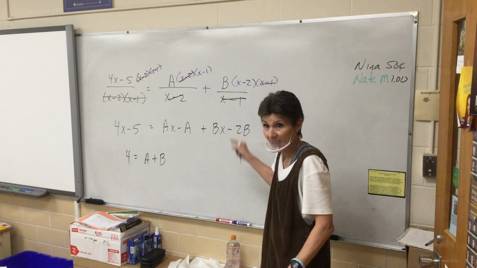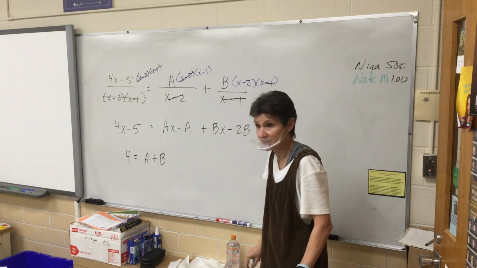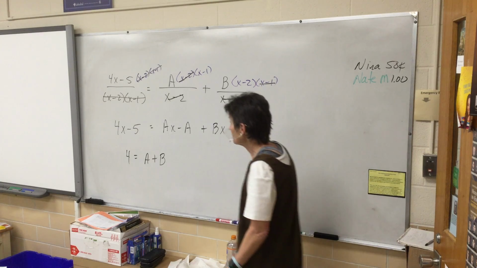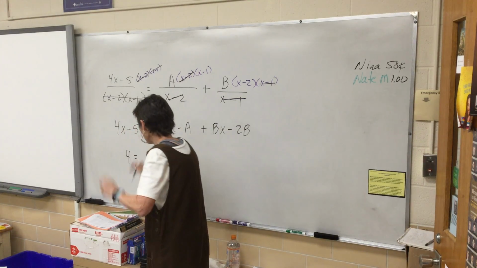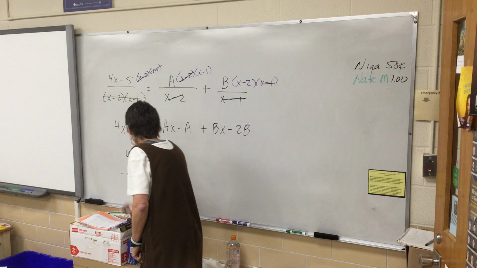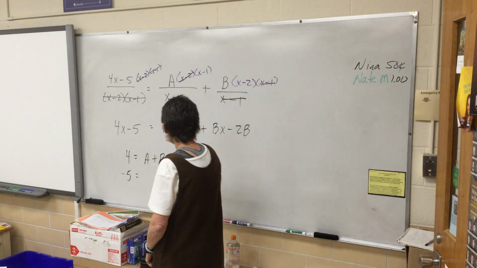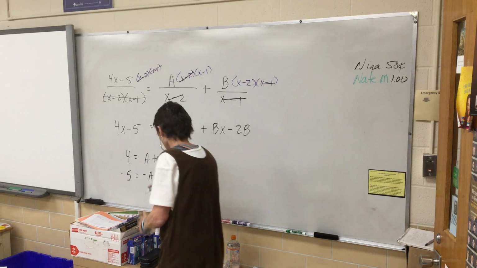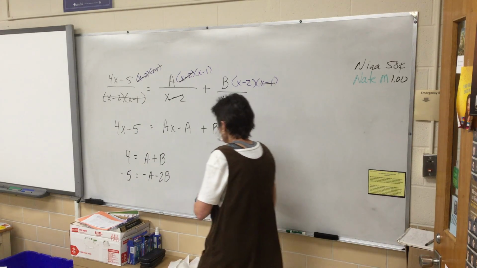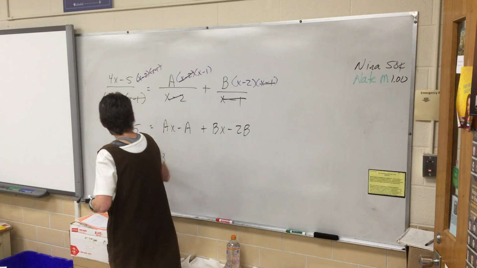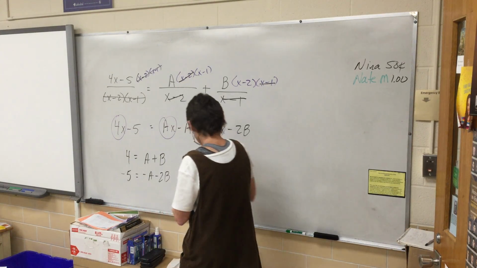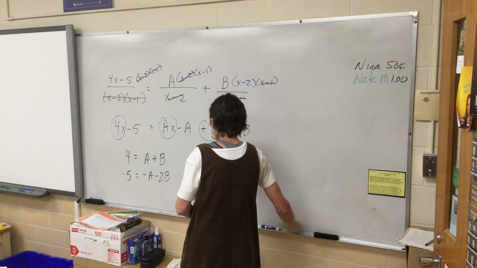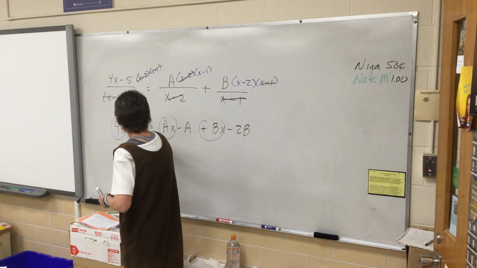The x's on this side have to be the same as the x's on that side. And similarly, the non-x's on the left have to match the non-x's on the right. So the purple things make an equation, and the green things make an equation.